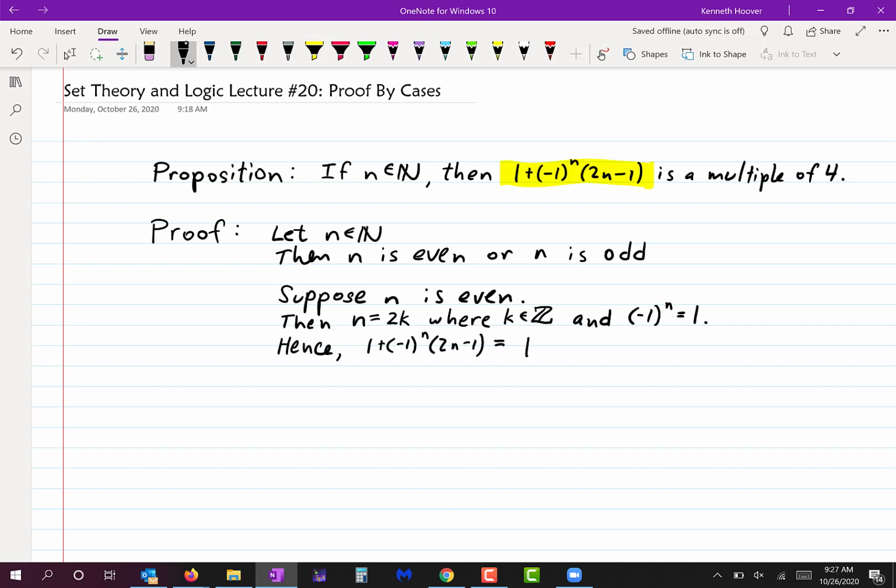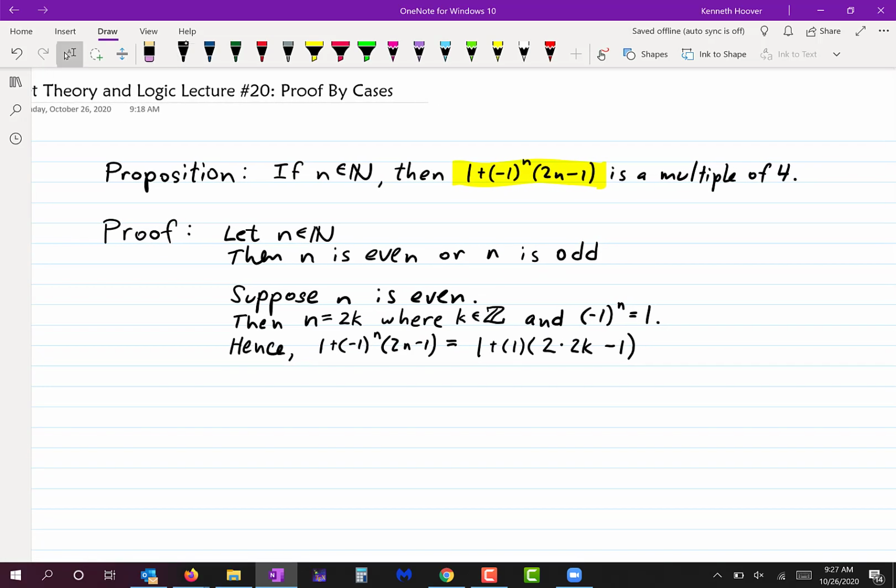It'll equal 1 plus 1 times 2 times 2k minus 1, which equals, what does that equal?